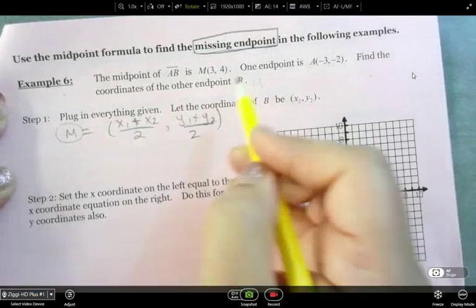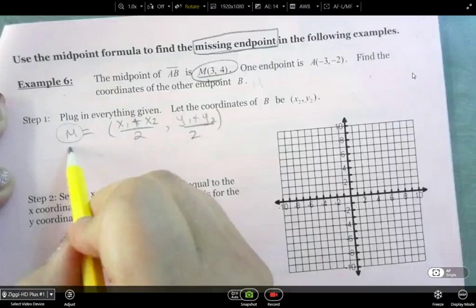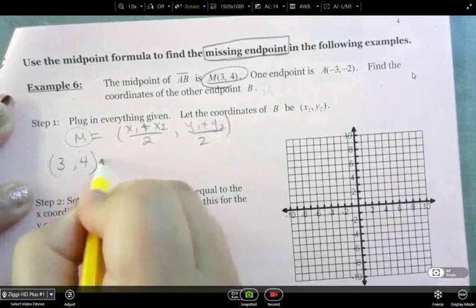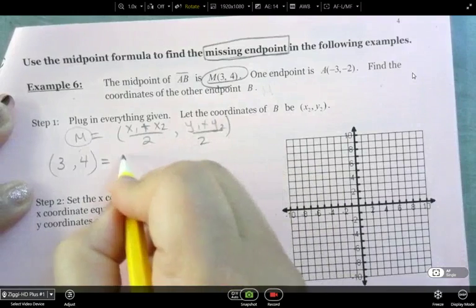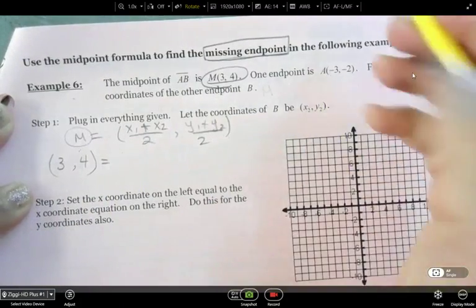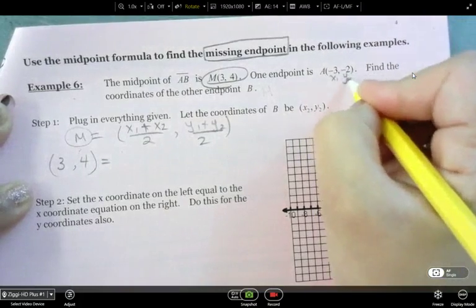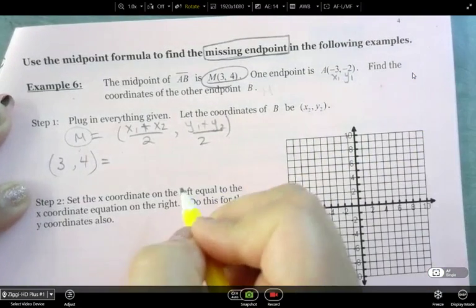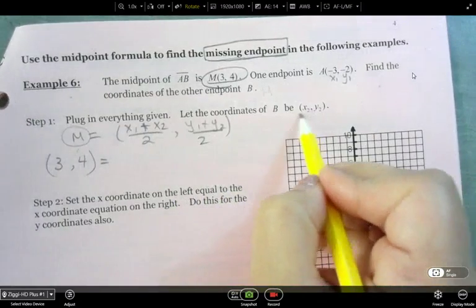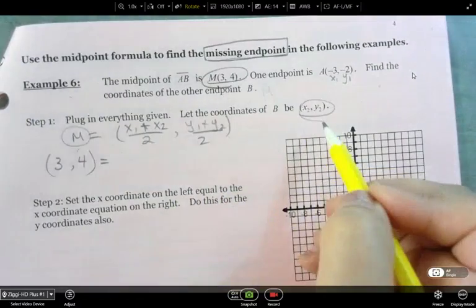So let's replace this right here, and we end up getting 3, 4 equals, and we know this is one of the endpoints, so let's call that x1, y1. And then we'll say the one that we don't know is x2, y2.